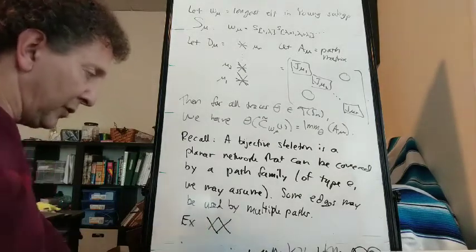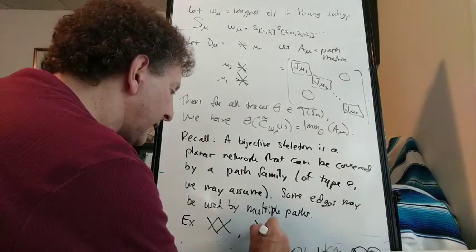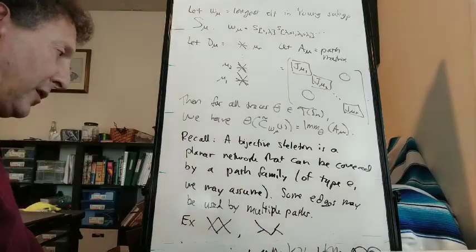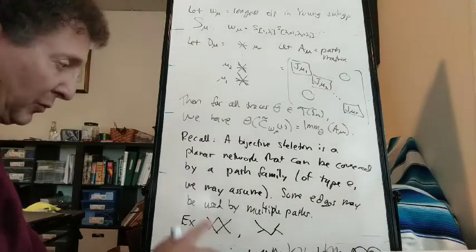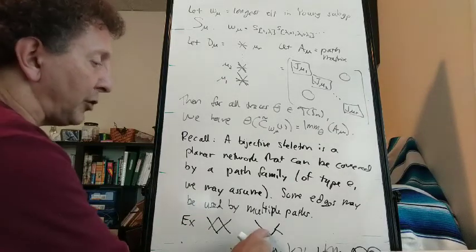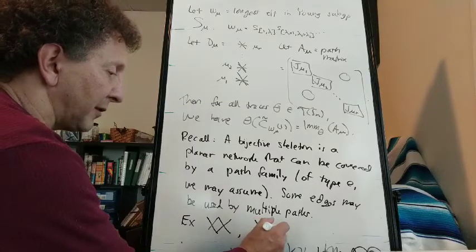We can cover this with two different path families of type e, in fact. And this planar network is another bijective skeleton because we can imagine two paths crossing this. There's only one way to do it, and those two paths are going to share these two edges between the three vertices there.